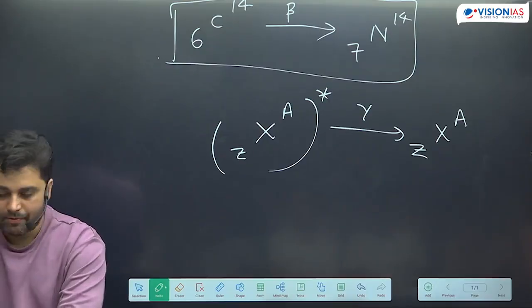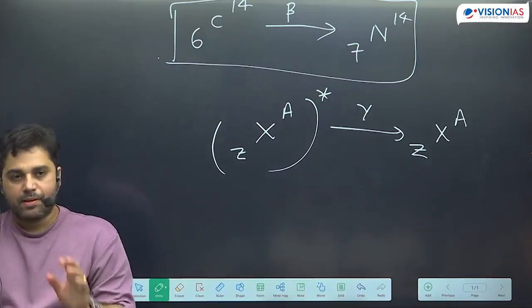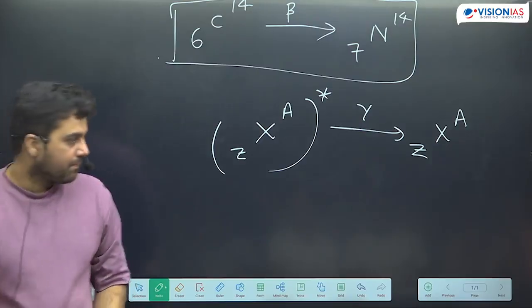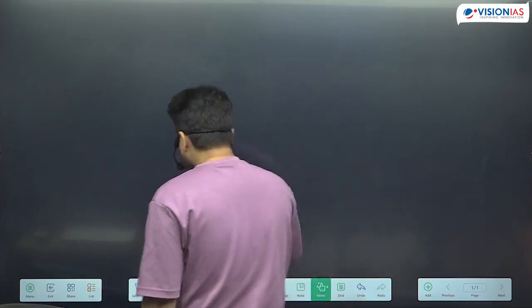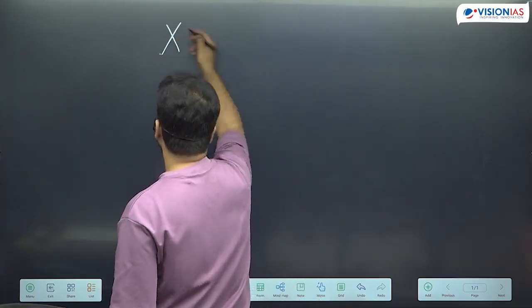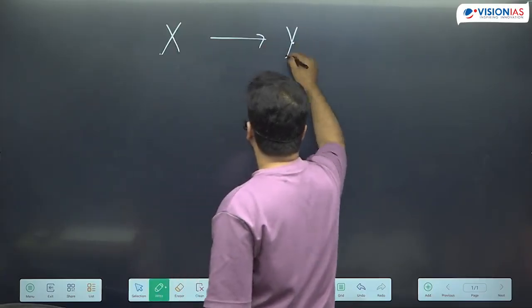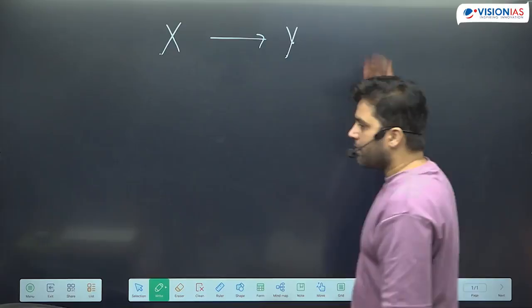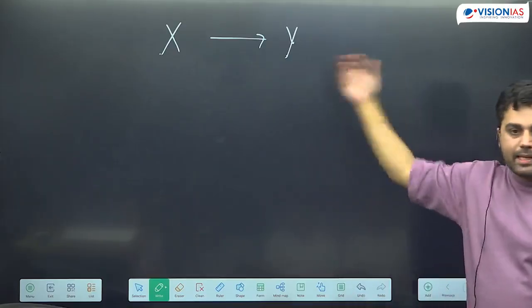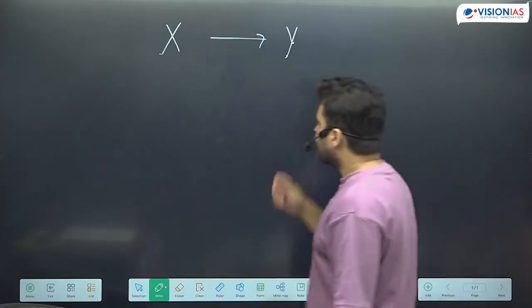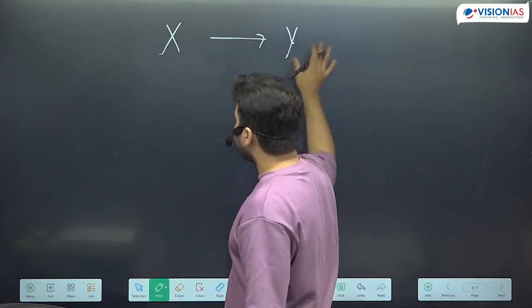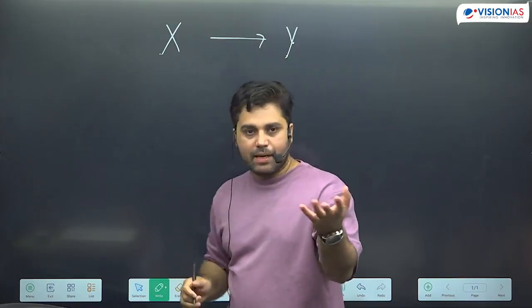The second thing which you should know about radioactivity is that it follows a very interesting rule. Let's say that I started with some parent nucleus X, which converted into Y by emitting either alpha or beta. That X is becoming Y in some time t. Let's say that when I started this calculation, I have collected a sample.